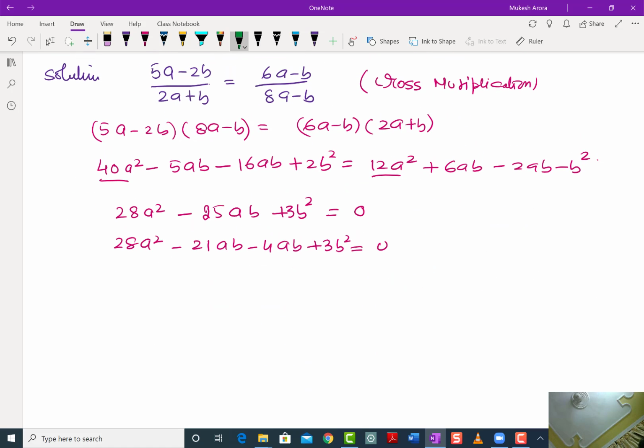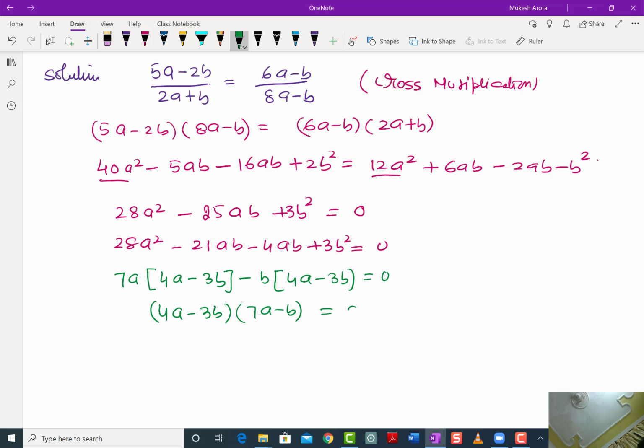So it will be 7a, it will be 4a minus 3b, and minus b only. 4a minus 3b and 7a minus b is equal to 0.